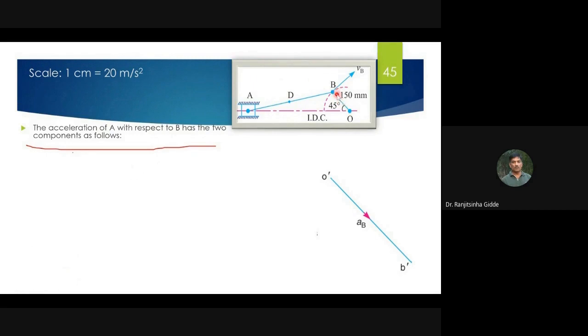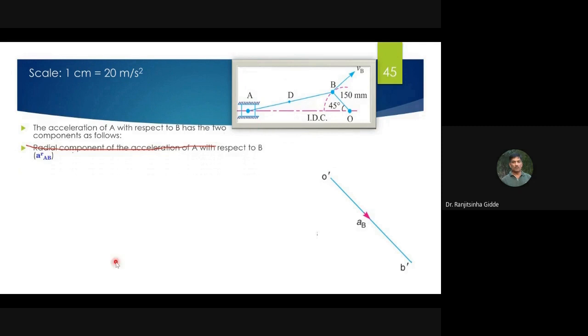What we have seen for the tank is that there is only one component, parallel to the link, and that is nothing but the centripetal or radial component. In case of this connecting rod or link AB, there are two components. One is radial, which is parallel to the link, and one is perpendicular, which we are going to call the tangential component. So how to determine that?